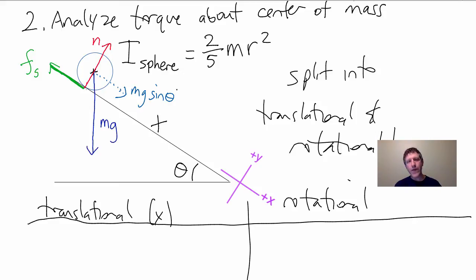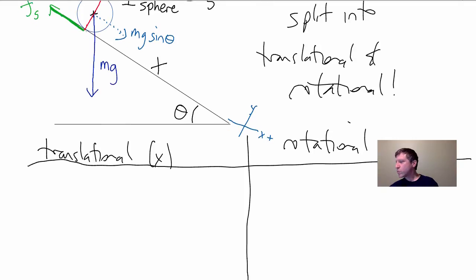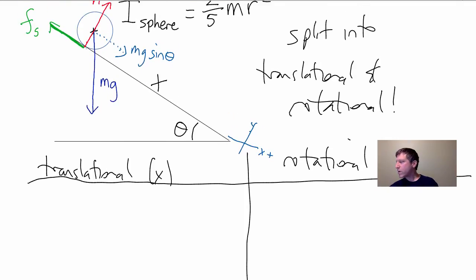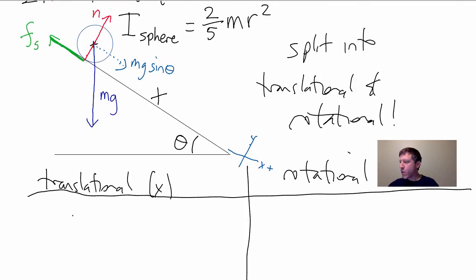So for now, let's pretend we've done that. I don't mind you, for problems in my class, just drawing it right on there. But keep in mind, the only real force is gravity; mg sine theta and mg cosine theta are not separate forces. They're just components of gravity. But this is the only part that's acting in the X direction. So let's go ahead and just write our translational motion equation here.